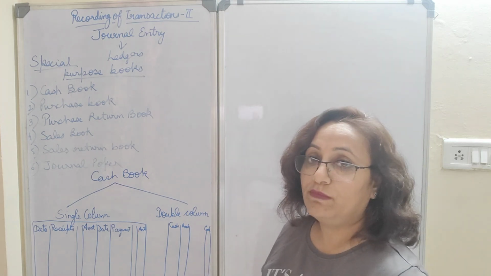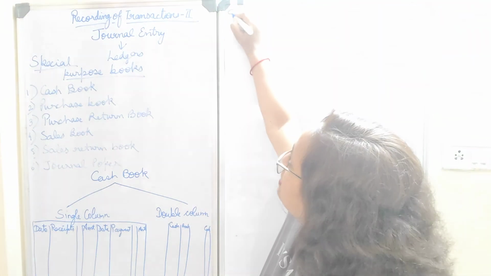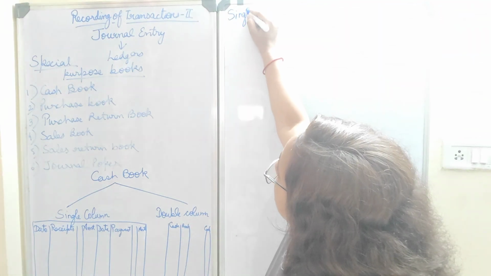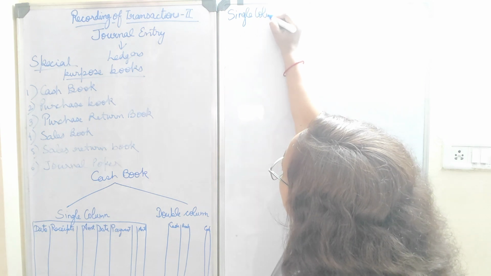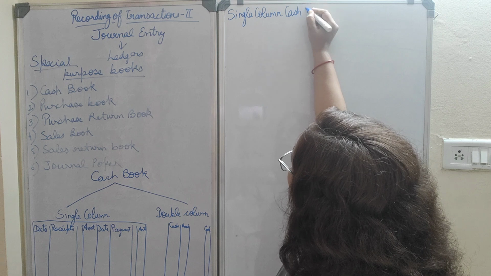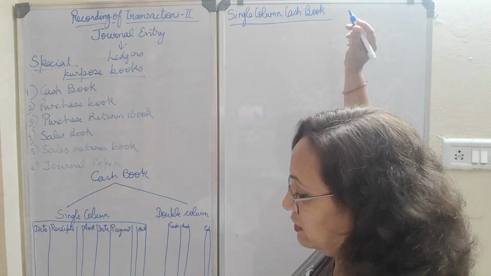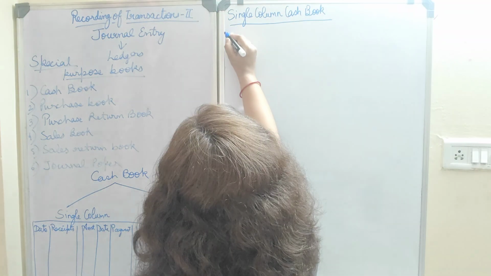So first, on page number 100 of your book, we are going to learn the single column cash book. As we proceed, I will let you know about the difference. Okay. So single column cash book, let us first draw the columns, the format which we have with us.